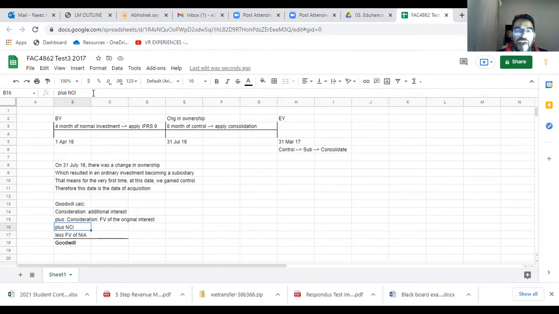As a result of that, the accounting standard says when you have a change in ownership that results in the change in the nature of the investment, then what? Then you are deemed to have disposed of your original interest at fair value. What was our original interest? The 15%. So we are deemed to have disposed of that 15% at fair value.